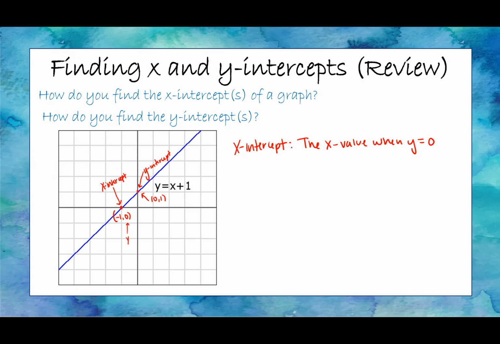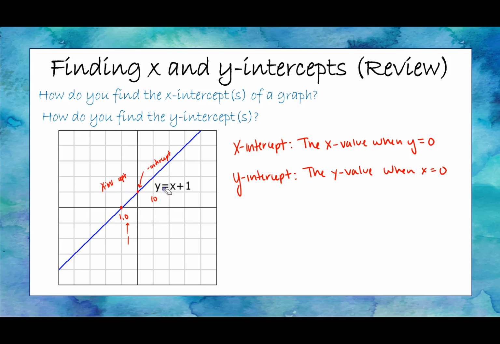And similarly, look here for the y-intercept, our x is actually 0. So for the y-intercept, let's informally define that as the y value when x is equal to 0.